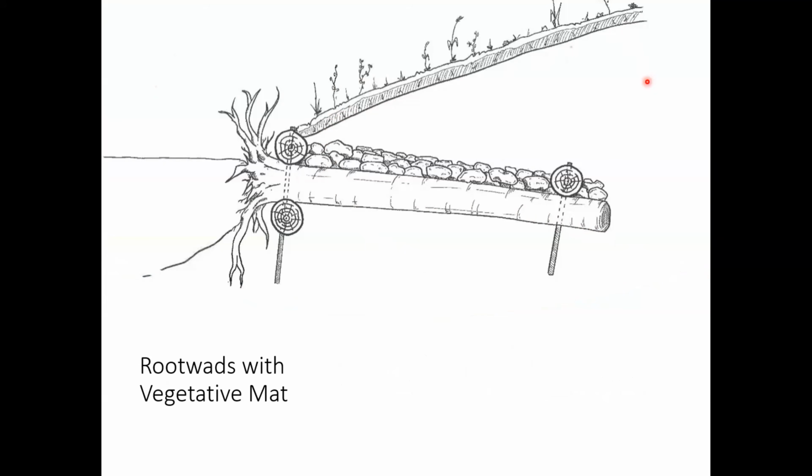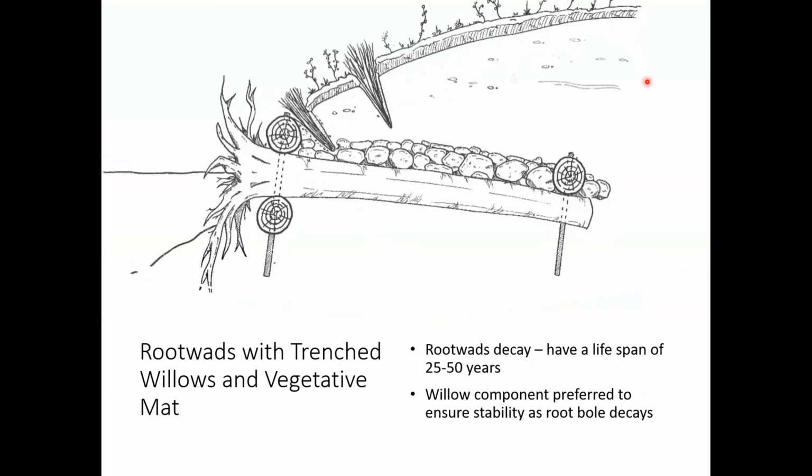Depending on what your project goals are and what your stream looks like, sometimes it's easy just to throw a vegetative mat on and you've completed your revegetation. Other times, maybe you want to add a few other elements and try to get some willows established. So in this case, you can do a set of trench willows, and here we have another veg mat attached.